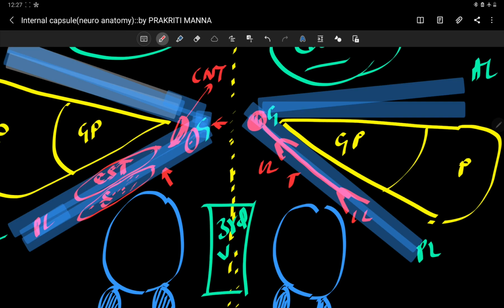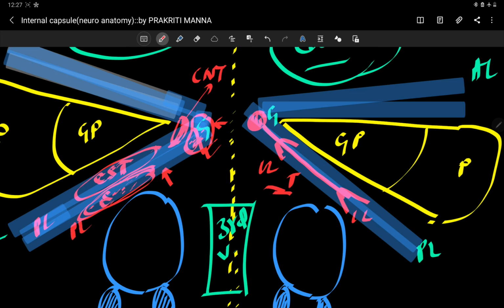Causing total hemiplegia of the face, and one thing I will also tell here, the sensory fibers of the head and neck are also in this region, and the sensory fibers of the trunk also pass through the posterior limb region.